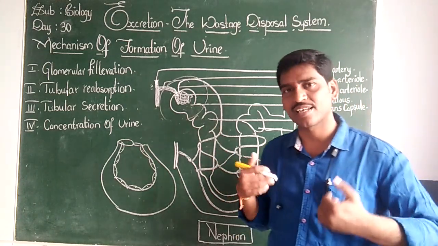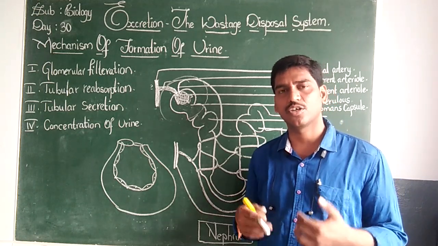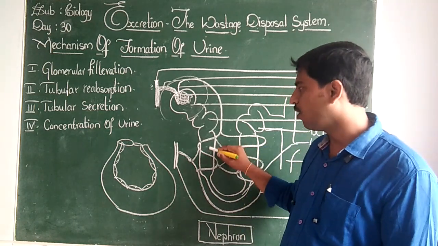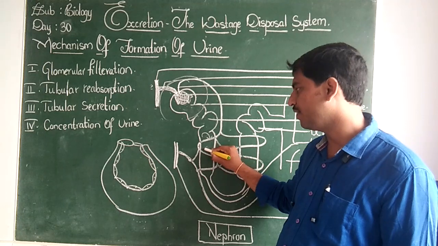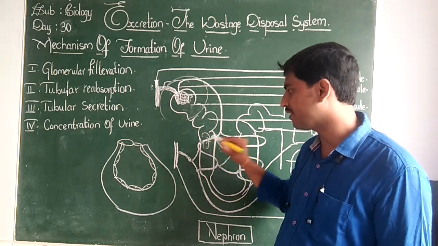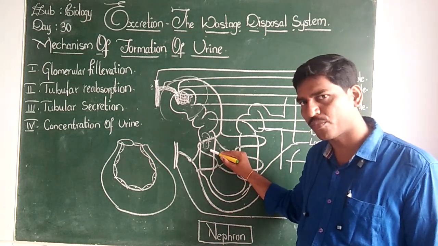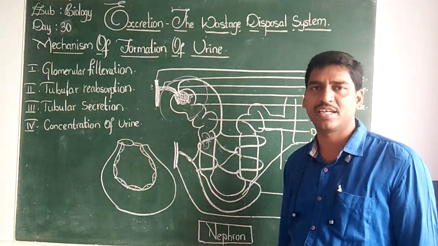All these things are necessary to maintain our homeostasis, that is, to maintain our osmotic concentration. So all the necessary things, that may be glucose, vitamin C, or amino acids, are reabsorbed from the proximal convoluted tubule to the peritubular capillary network.